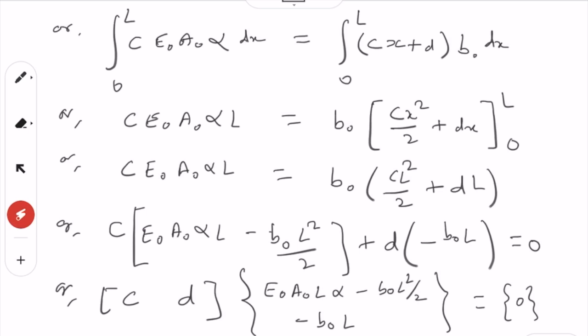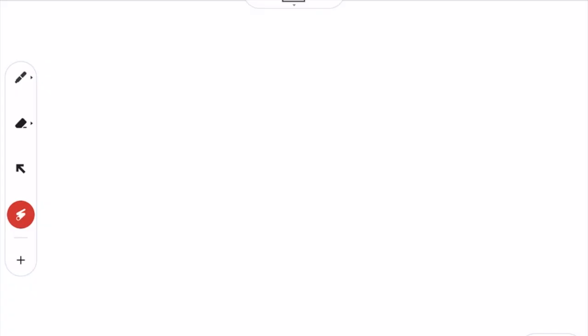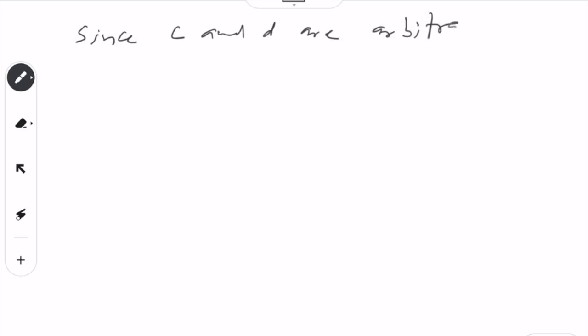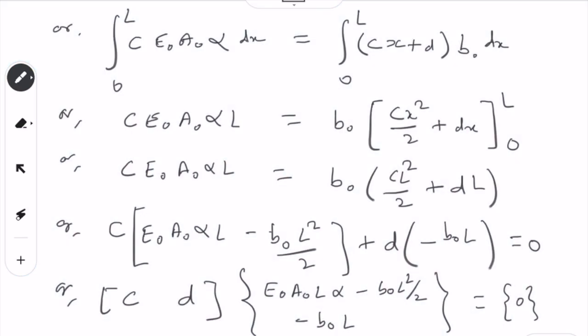We have C here. Since C and D are arbitrary, that tells you that if C and D can take any value, then this whole term has to be equal to 0.